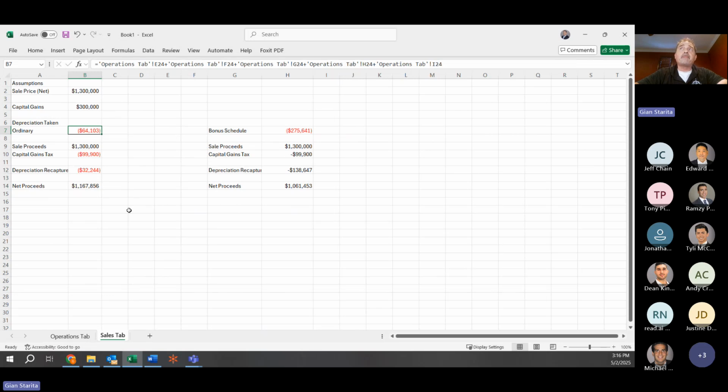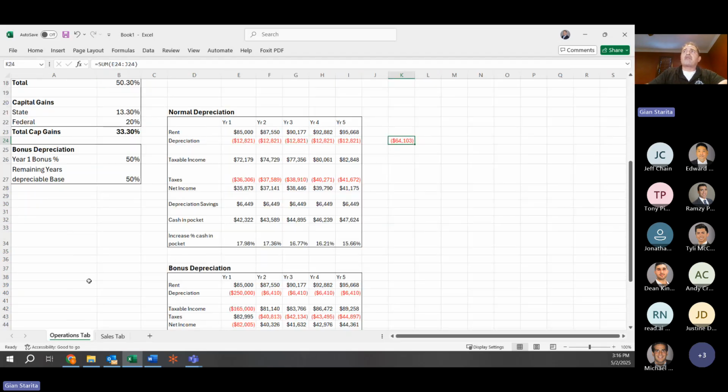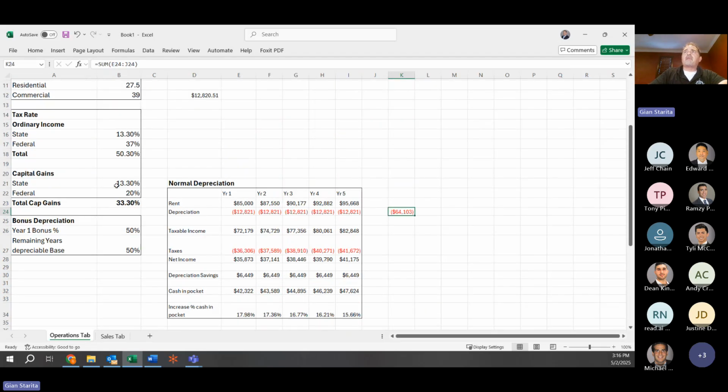I want my money back. That depreciation is called depreciation recapture. The government's recapturing it, and that's taxed at your ordinary income rate. So remember back here, we were talking about my max ordinary income rate? You can see 50.3% is higher than the 33.3%. So with capital gains, you're paying this lower percentage tax rate.